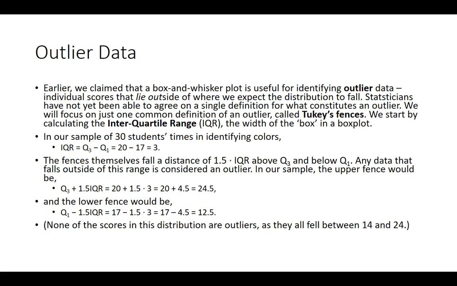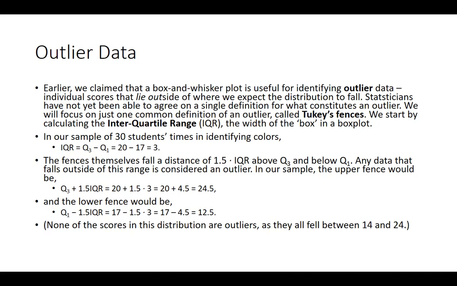In our sample of 30 students' times in identifying colors, the IQR, the interquartile range, would be Q3 minus Q1, which was 20 minus 17, which gives us 3. The fences themselves fall a distance of 1.5 times the IQR above Q3 and below Q1.